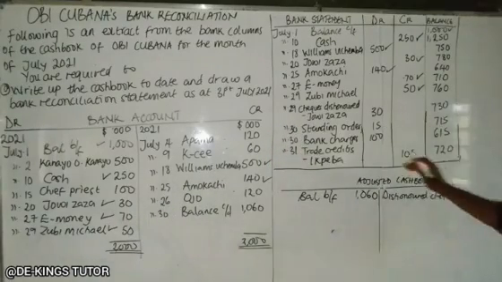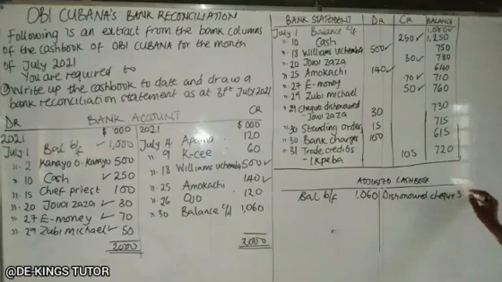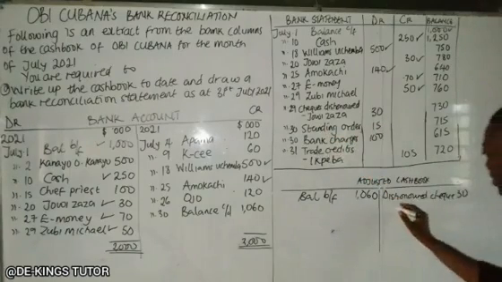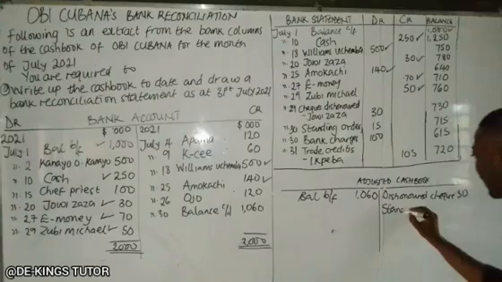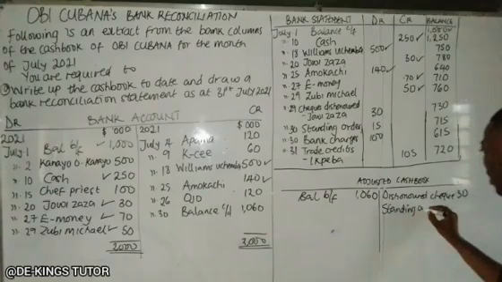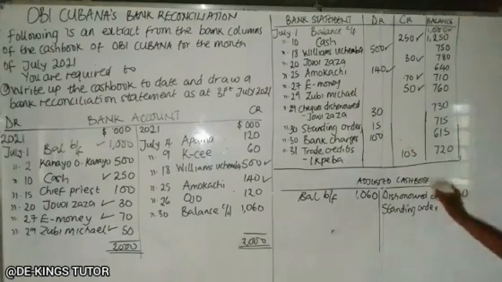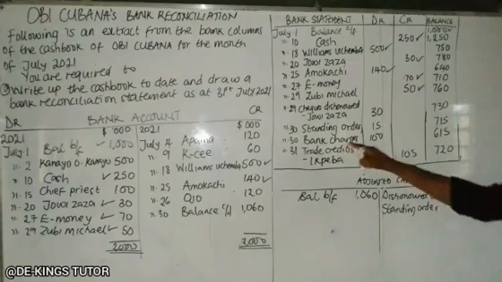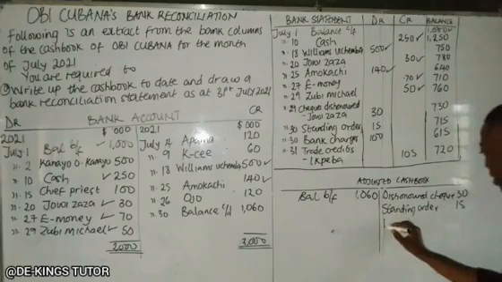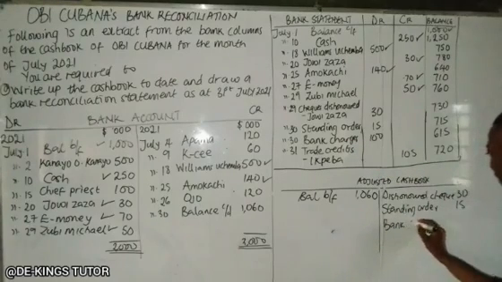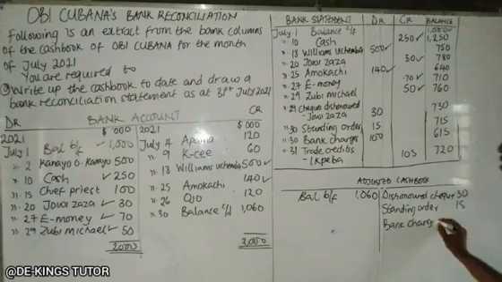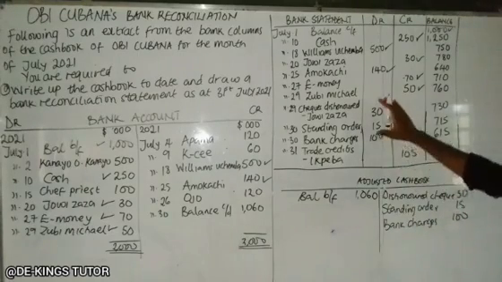Dishonored check is how much? 30. Now I have another one, standing order. Standing order is 15. So we have another one, bank charges. Bank charges is 100. Okay, so we've taken care of that.